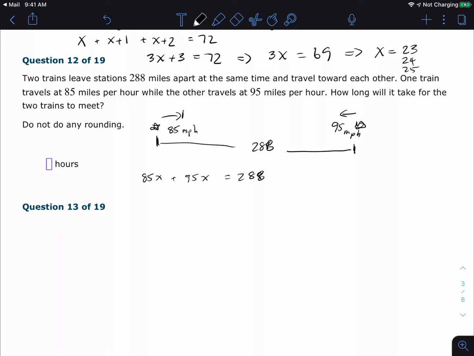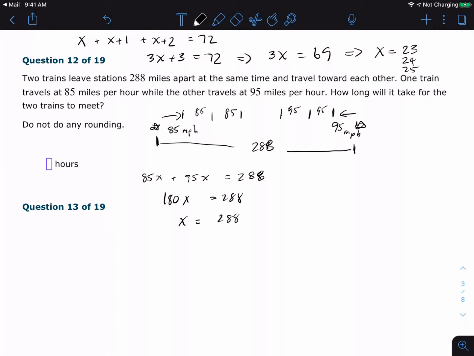In the first hour it covered 85, the next hour it covered 85, and then the next hour it covered 85, right? Well, this one every hour is covering 95, and the distance is getting smaller and smaller. So we can add them up to get those hours. So it's going to be 180x is equal to 288.